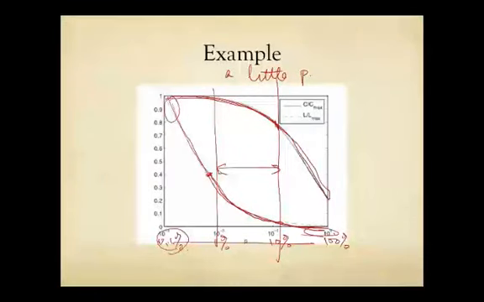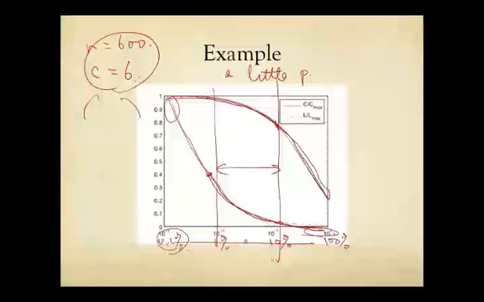Now this is a numerical example for n equals 600 nodes, and C equals 6, meaning that each node has degree 6 in the regular ring graph that started the Strogatz graph, meaning 3 on the left and 3 on the right. For this particular example, it turns out that p in the range of 0.1 to 0.01 will be the right range.